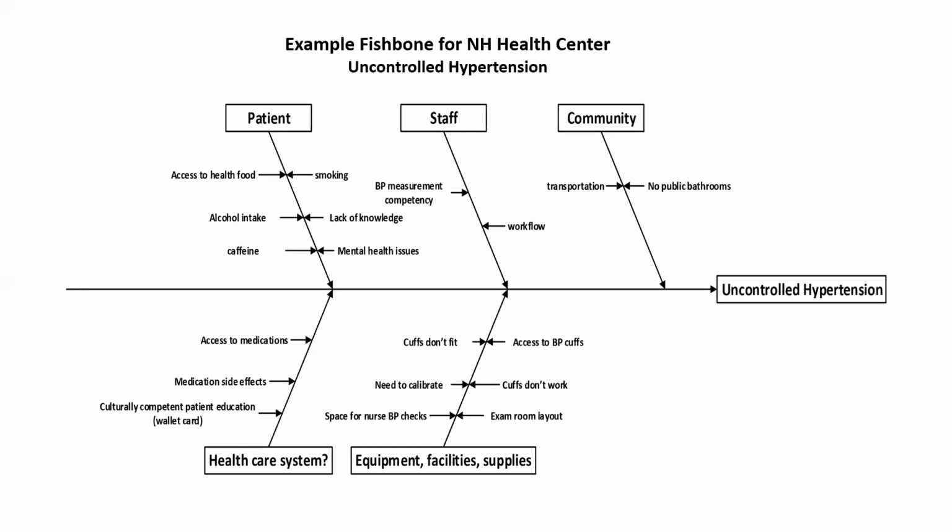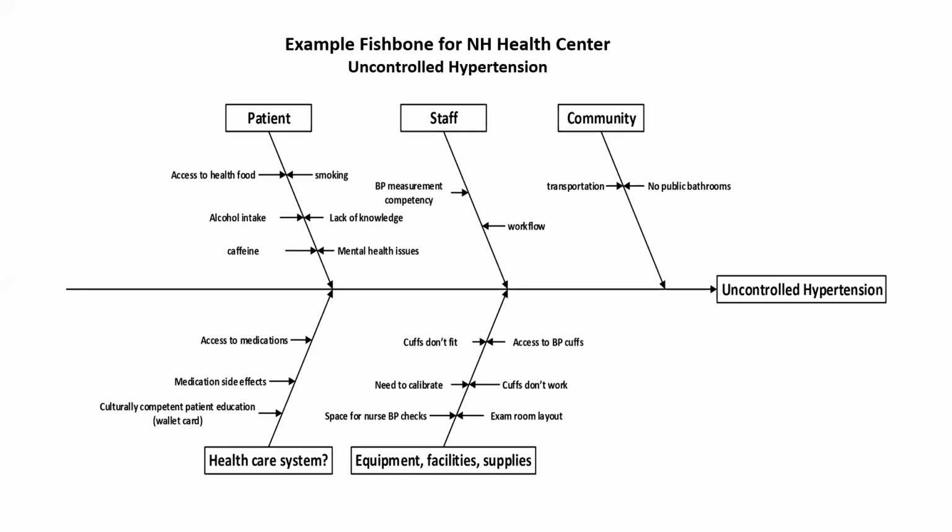We briefly broke into smaller groups and assigned people a category after we decided what categories. And a few people would then say, okay, we'll focus on everything we can think of that has to do with the patient.